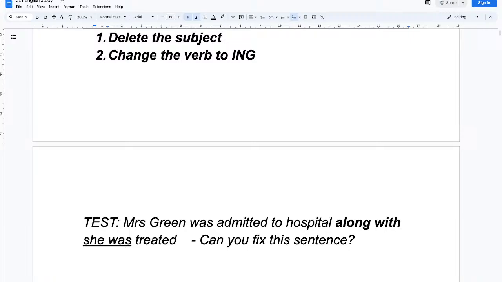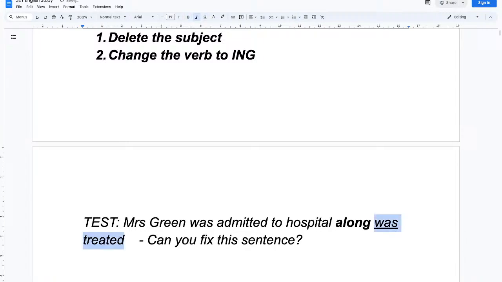Okay, so I think we have a few answers here. Thank you very much. This one is from someone, they're saying they're changing it to this, along with being. Okay, so now it's done.